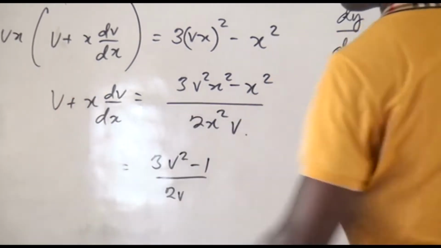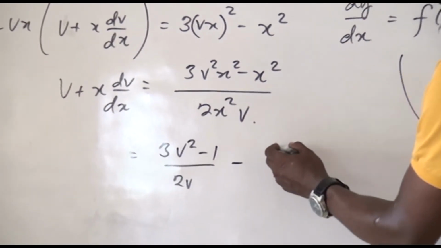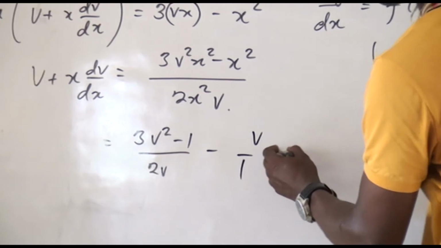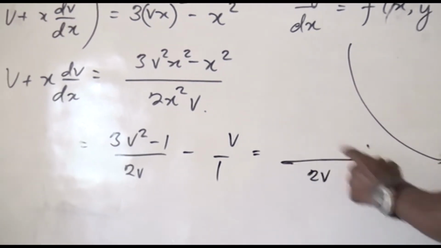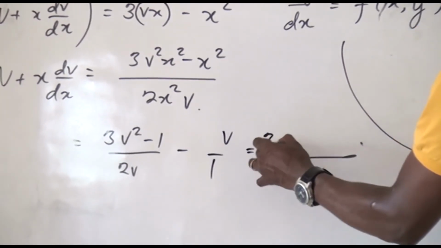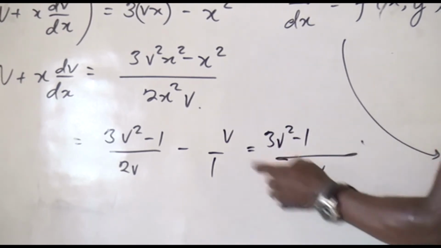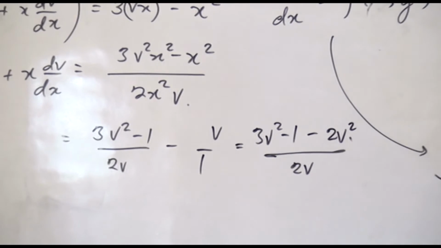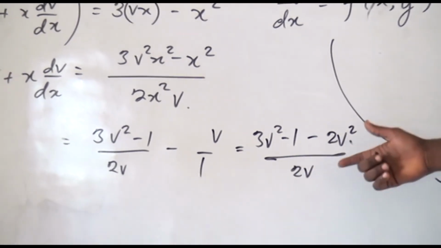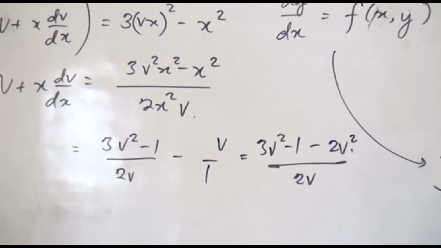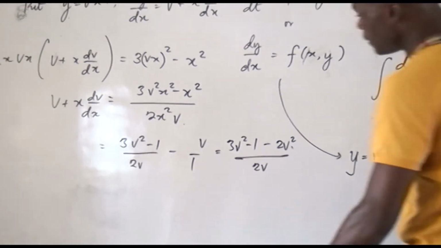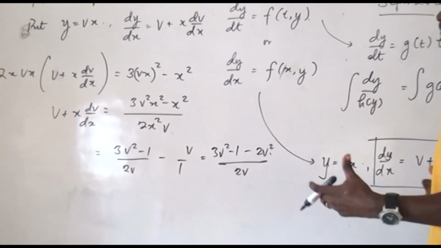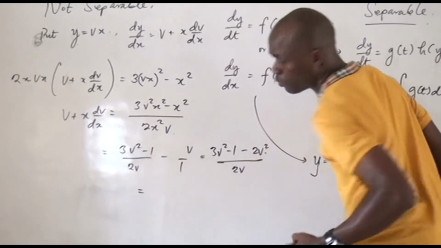We can subtract v from both sides here. That will give us 3v squared minus 1 over 2v minus v, which is v squared minus 1 over 2v. I believe you understand the elementary algebra. That's something you can always pause and look at closely. So what do we do after that?